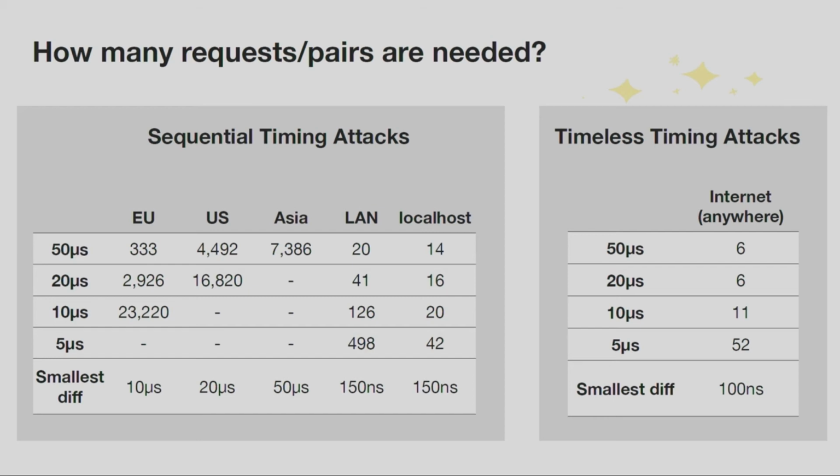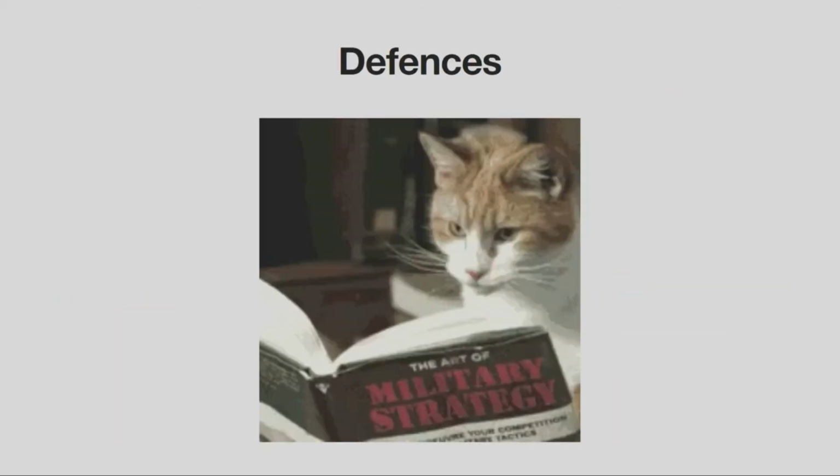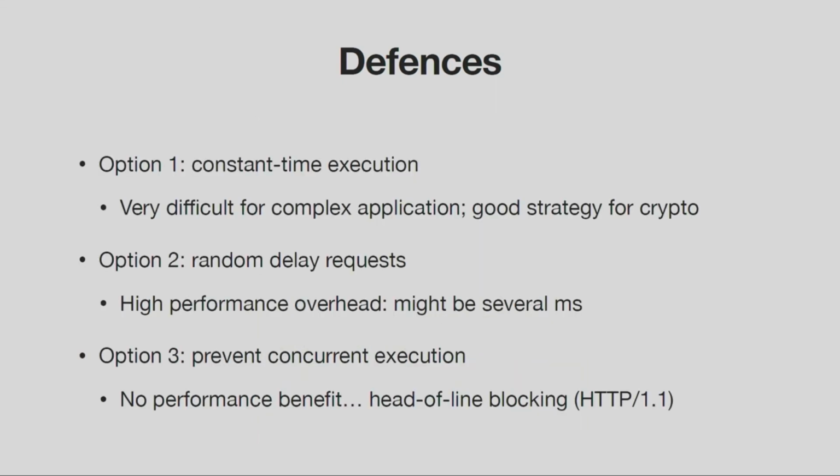So now that we know that these attacks are quite bad, we also wanted to explore what we can do to defend against them. And there we have quite a few different options. The first option is a classical type of defense against timing attacks, and that is to ensure that every operation takes the same amount of time. So we have a constant time execution of our algorithm.